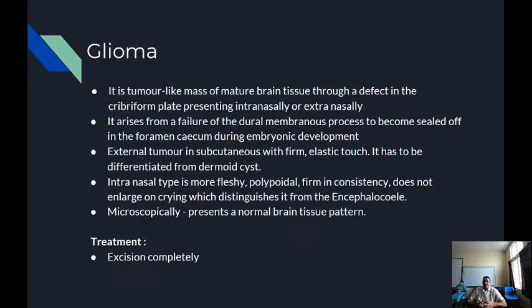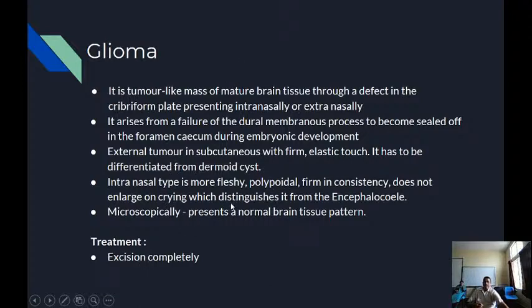Okay, and they usually mimic, because they're also in the midline, the dermoid cyst, and usually by the texture the diagnosis of the glioma can be made.